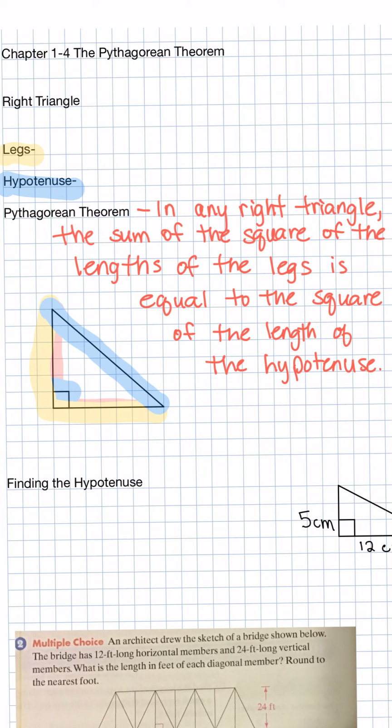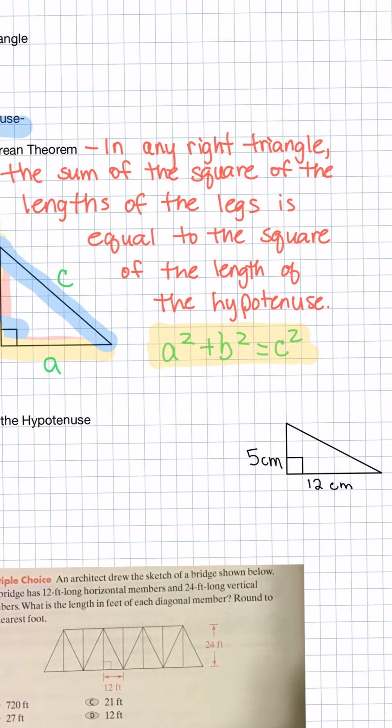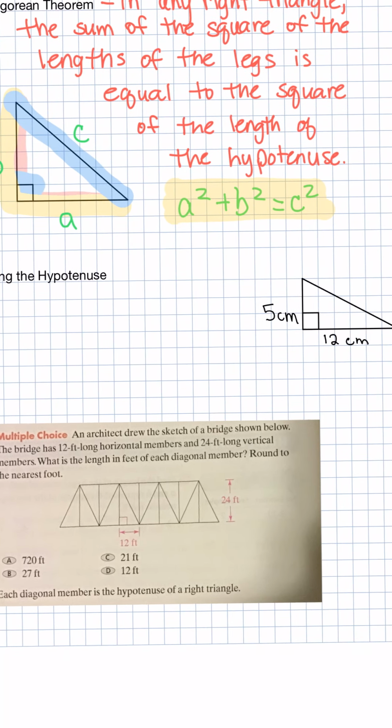So if this leg is A, this one is B, and the hypotenuse is C, this theorem is saying A squared plus B squared equals C squared. So therefore, if we know that this is the equation that we need to memorize, we can find the hypotenuse if we are given the 2 legs.